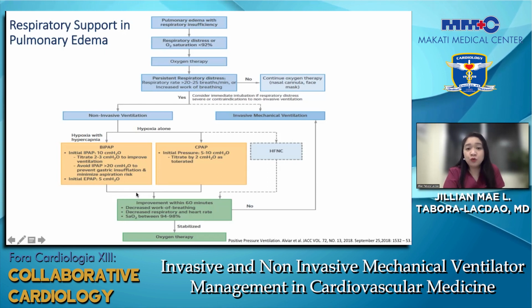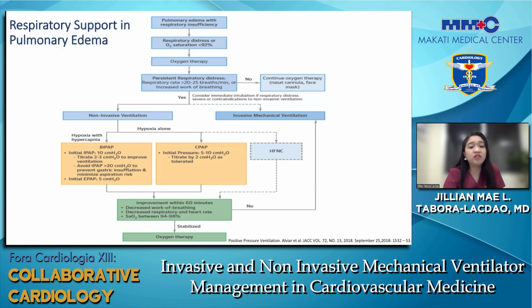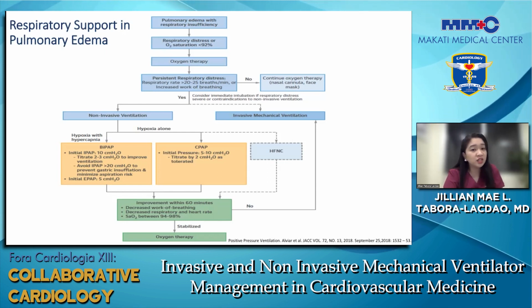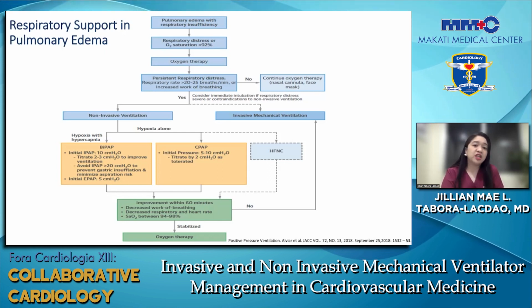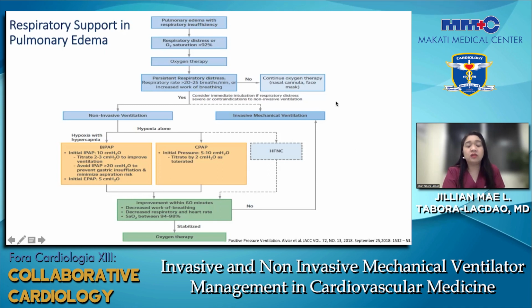If there is improvement within 30 minutes, you will see that the patient has decreased work of breathing, decreased respiratory rate, decreased heart rate, the patient is not in distress anymore, and the oxygen saturation stabilizes. However, if the patient does not improve, you intubate the patient.